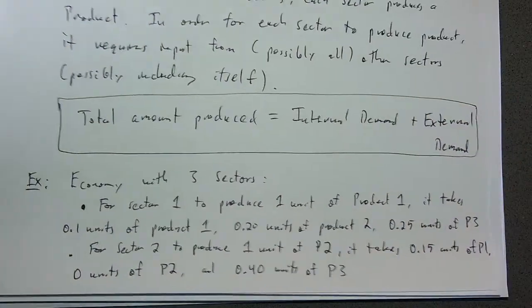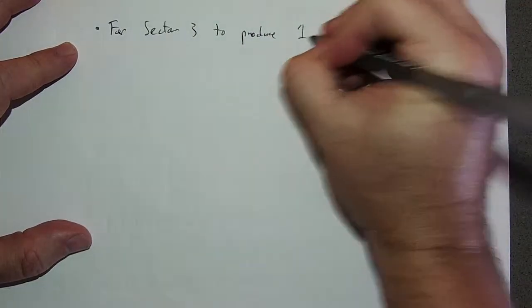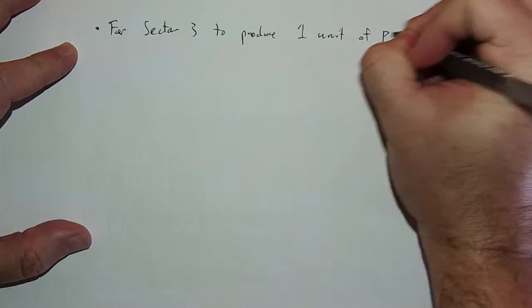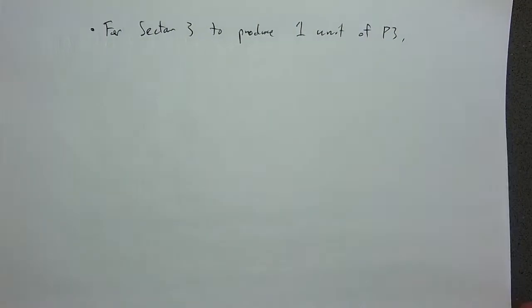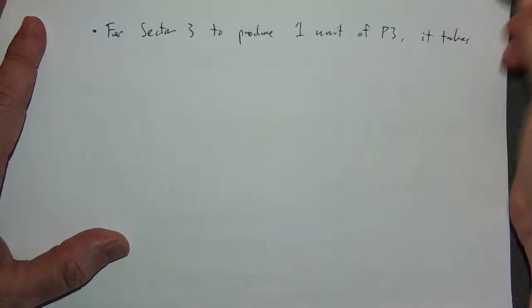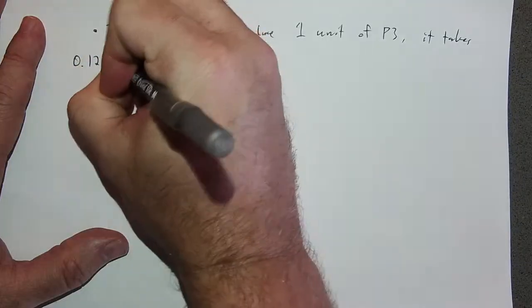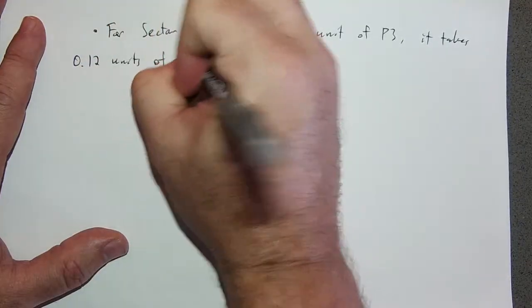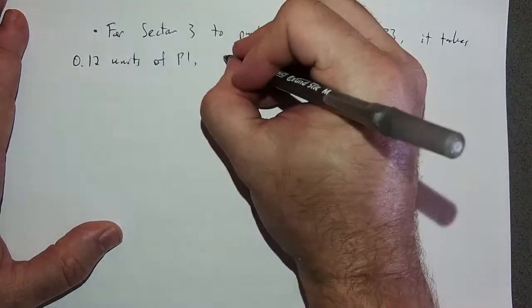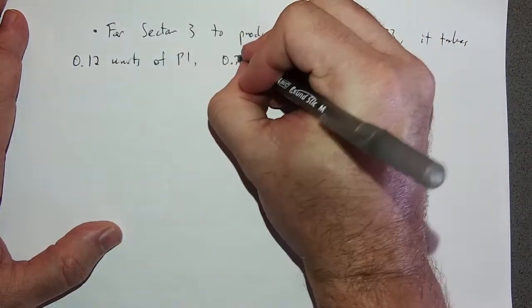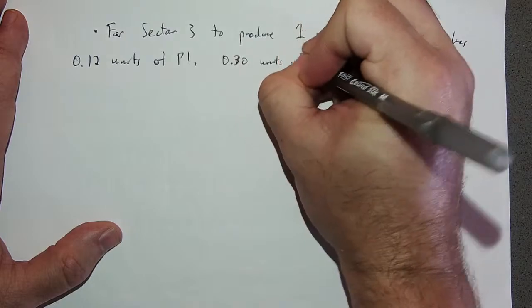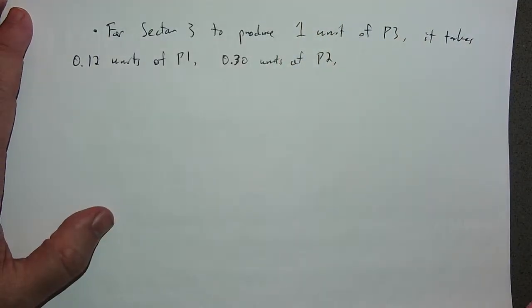And lastly, for sector 3, to produce 1 unit of product 3, it takes 0.12 units of product 1, 0.3 units of product 2, and 0.2 units of product 3.